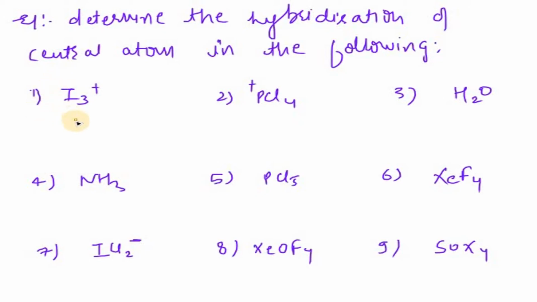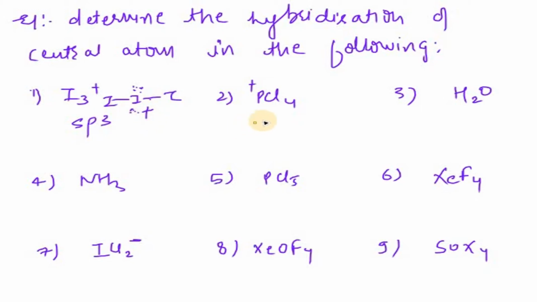So let's see, if we have I3+, the central iodine has 2 sigma bonds and 2 lone pairs, so the steric number is 4 and it is sp3.